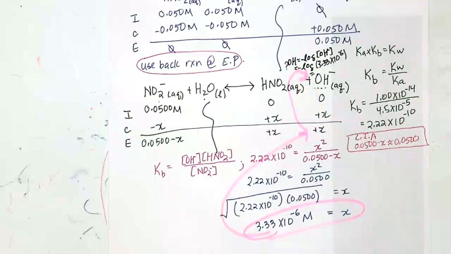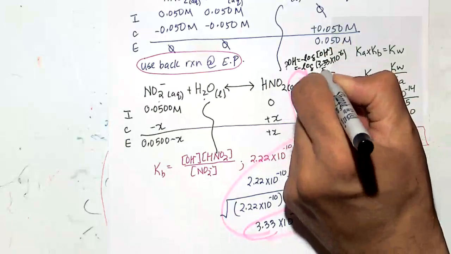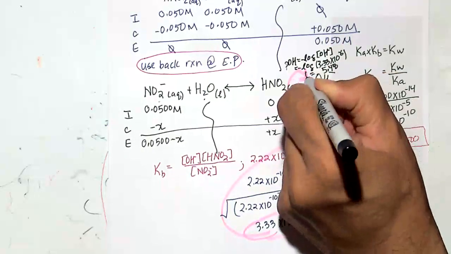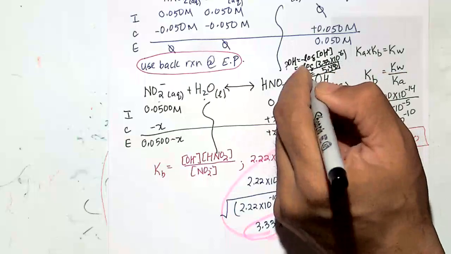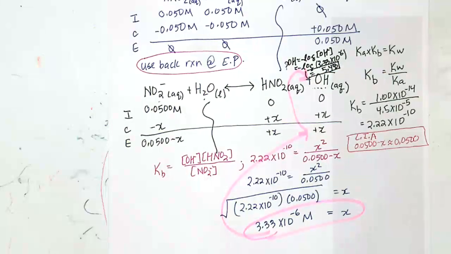I'm going to do that really quickly on my calculator just to save some time. We get 5.48. So I'm getting a pH of 5.48, provided I did all my calculations correctly.